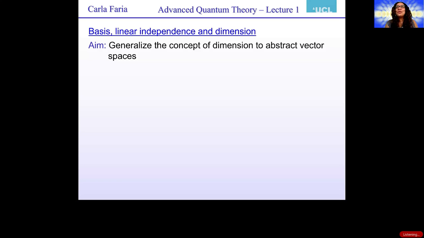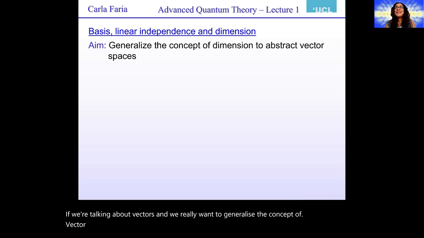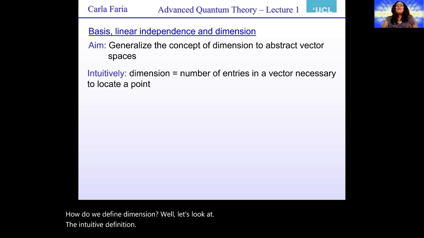So just to continue, if we're talking about vectors and we really want to generalize the concept of vector spaces, we need to talk about dimension. And then we can ask the question, what is dimension? How do we define dimension? Well, let's look at the intuitive definition. If you need to locate a point in a plane, or if you need to locate a point in space, how many entries do you need in a vector to locate that point?